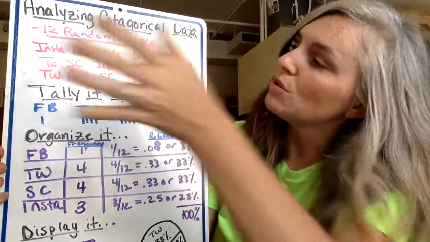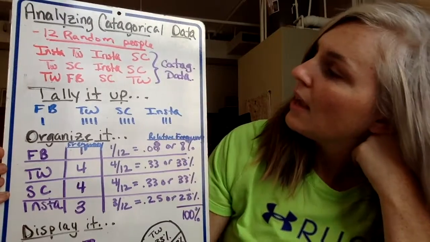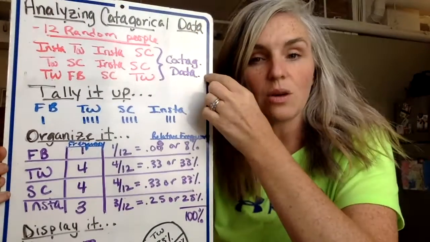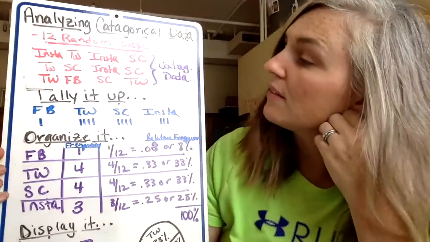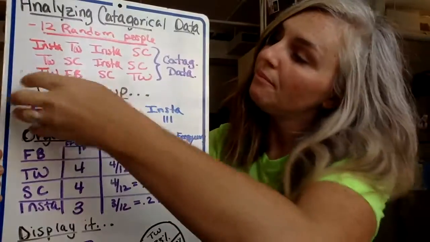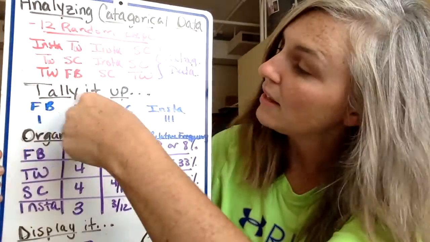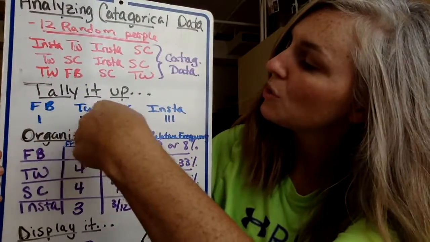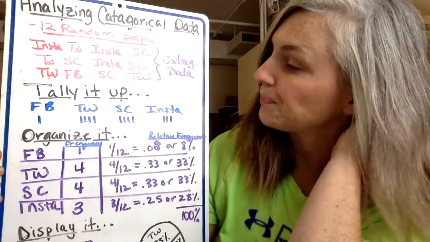And so I get these results, totally made up results, and this is categorical data, not quantitative data. I tally it up, so that's the first step, tally it up. How many people liked Facebook, Twitter, Snapchat, Instagram?